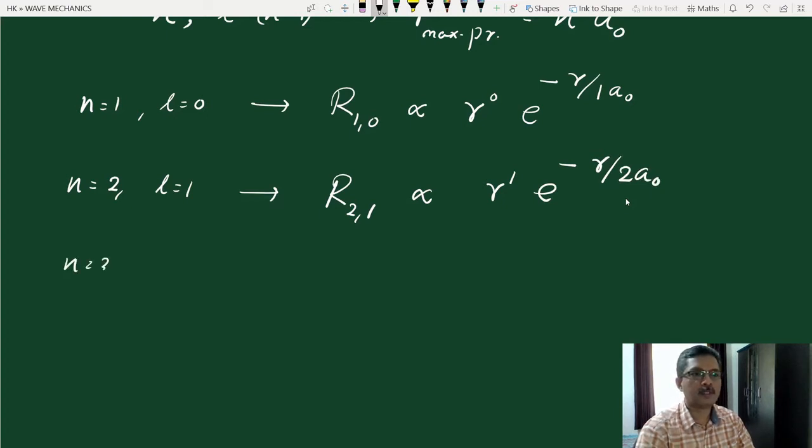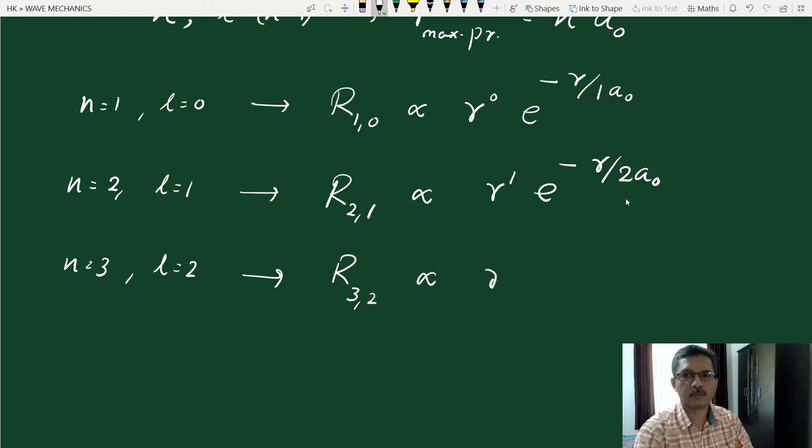n equal to 3, L equal to 2, 3d state. Radial wave function R32 is proportional to r raised to 2 e raised to minus r by 3a0. You can verify this by looking at the table of wave functions, for example table 6.1 in Arthur Beiser.